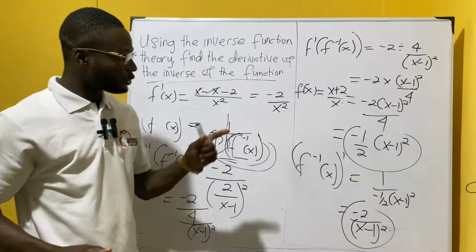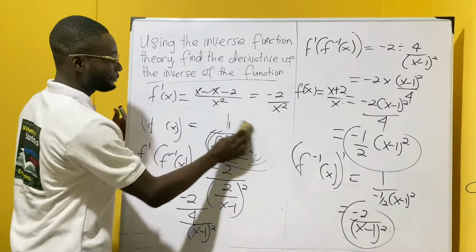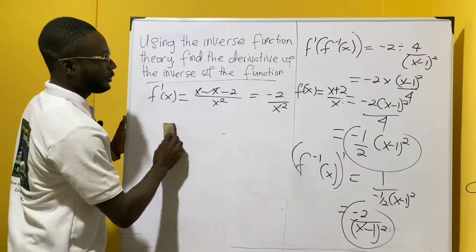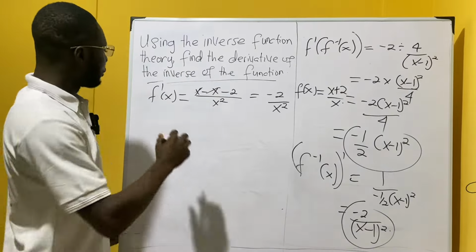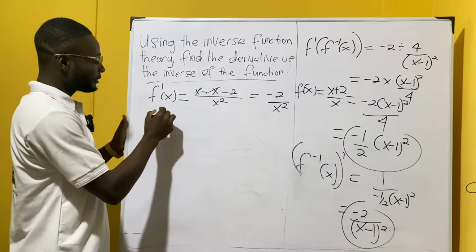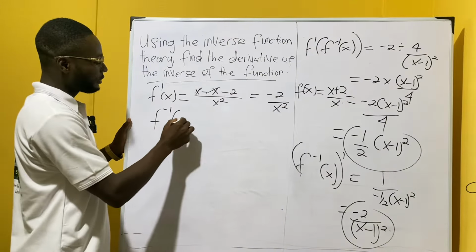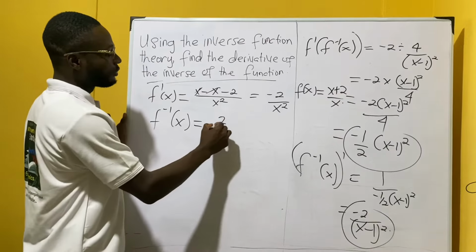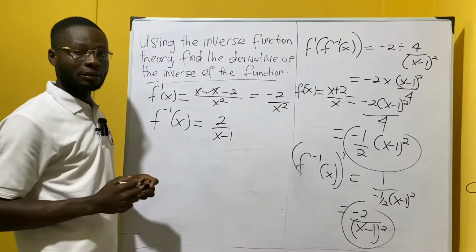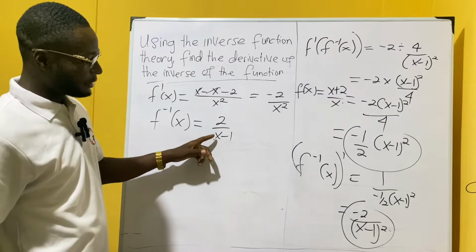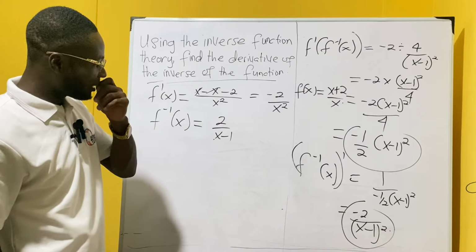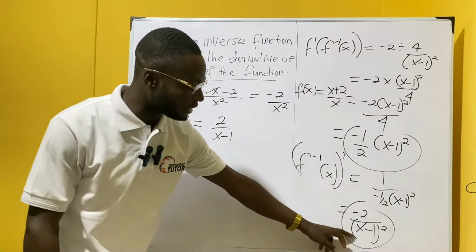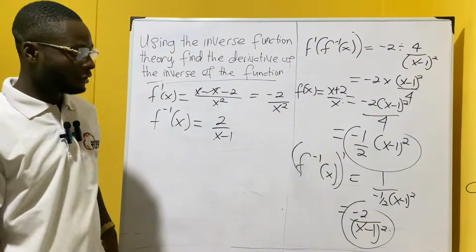Now, let's try something here. We could remember that we had the inverse of the function as 2 over x minus 1, right? So this, if we are to take the derivative of this inverse, we are supposed to land on this same solution, right?